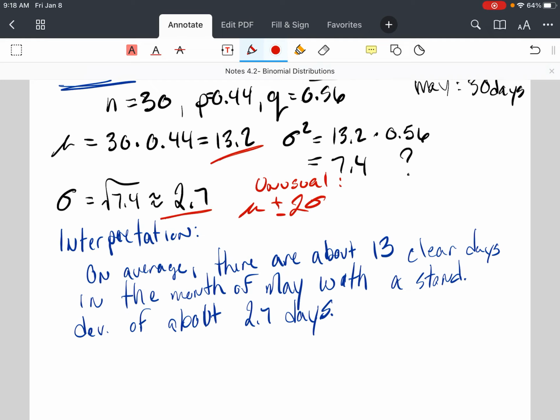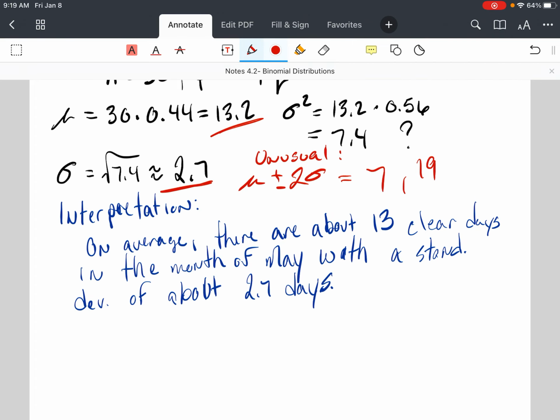We know that our mean is 13.2 and our standard deviation is 2.7. So when I do this, I get that less than 7 days and more than 19 days are considered to be unusual.